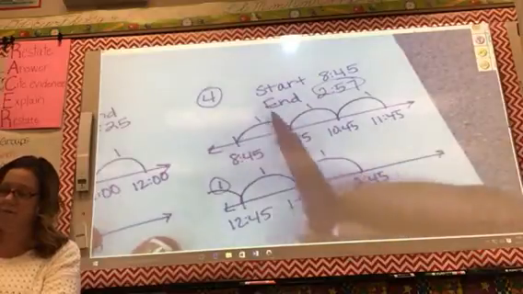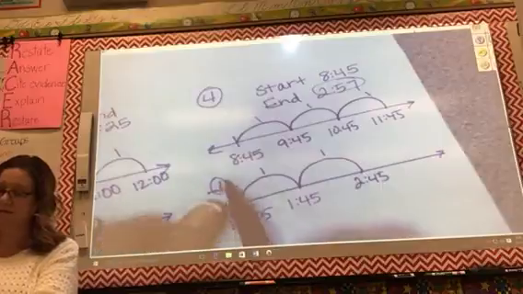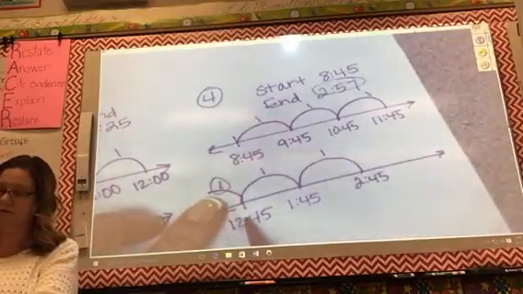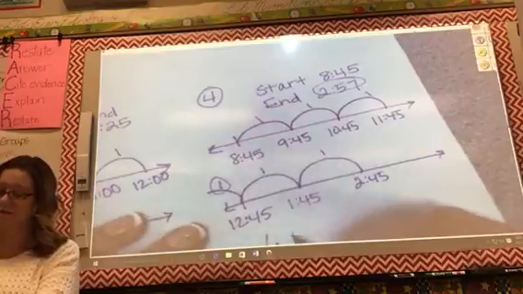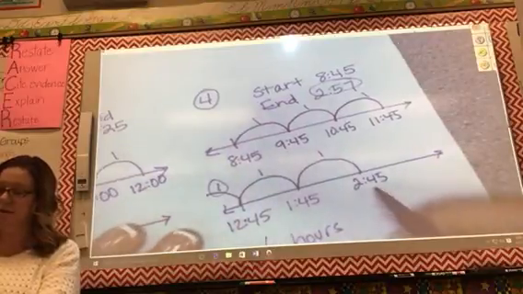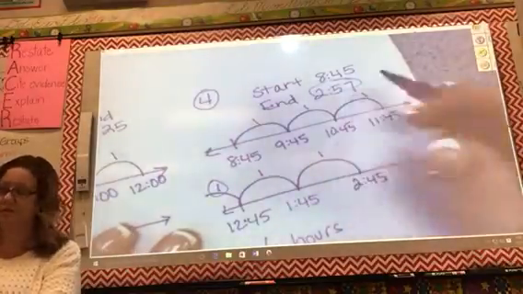So now I have 1, 2, 3, 4. We can't forget that one to get us from 11:45 to 12:45. So 1, 2, 3, 4, 5, 6 hours. And now let's do our minutes from 2:45 to 2:57.